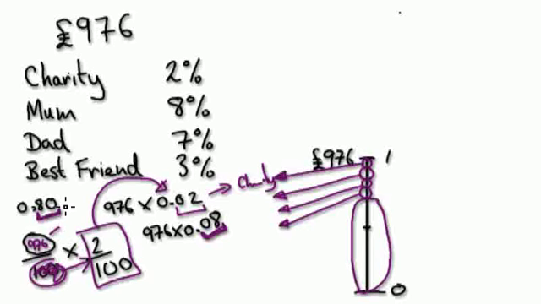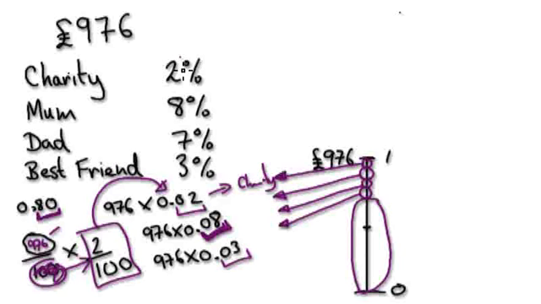This would represent 80%. In this case here, it represents 8%. If you want to know how much goes to your best friend, then just do 976 times 0.03. Have a quick glance at this. This will be 3%.